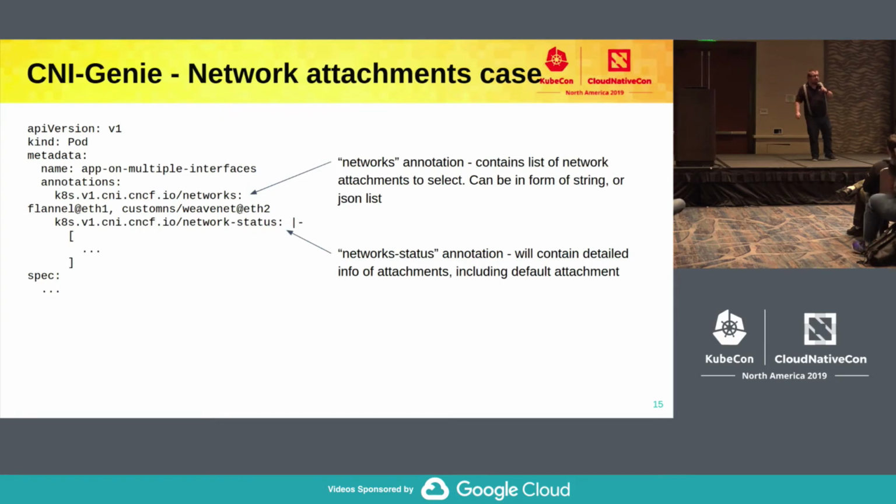That's why these network attachments were prepared, to have a common way to configure, even if the technology under the hood is different. It also has this name for networks, the name of the network pod attachment configurations as shown by Doug, and also an additional annotation for status and information on what is really configured for that pod.